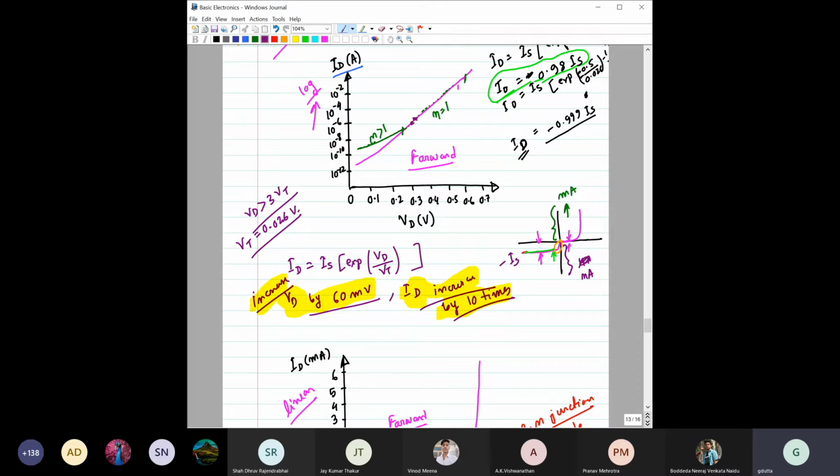Do you agree with me? Yes, sir. Now consider 0.4 volt. Compared to 0.3, the current value is higher, but if you change it by 60 millivolt from 0.4, the increase in ID would again be one order only. Okay, sir. Understood.